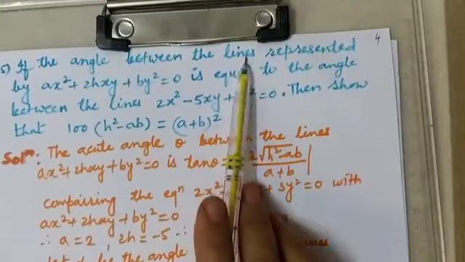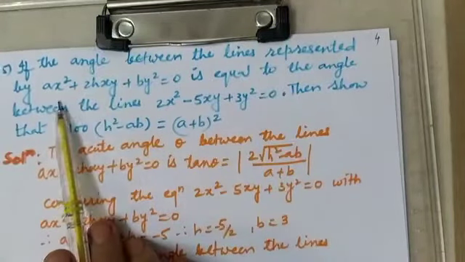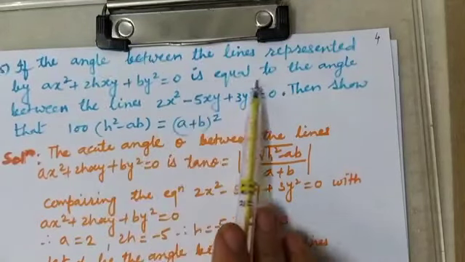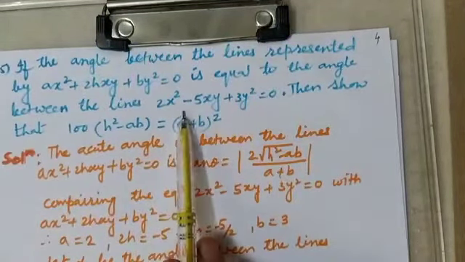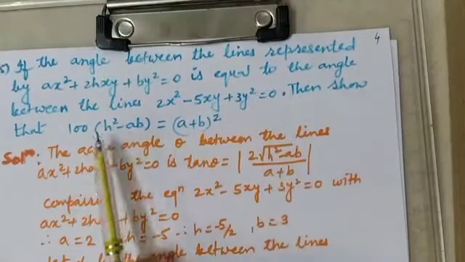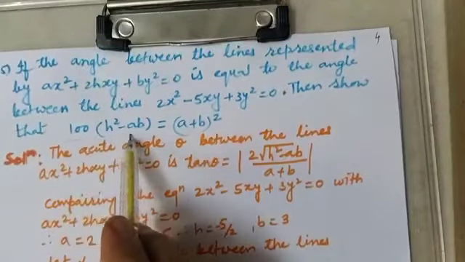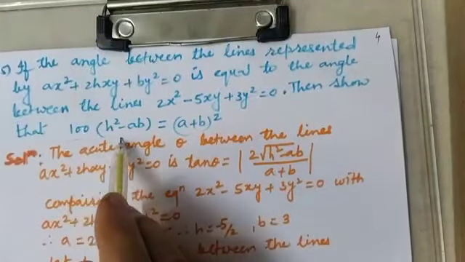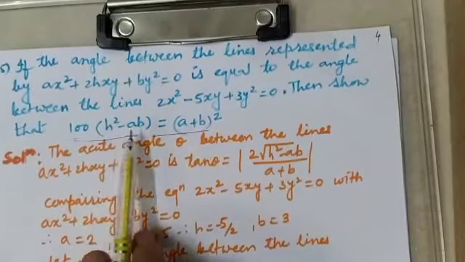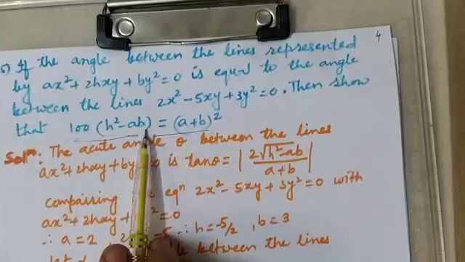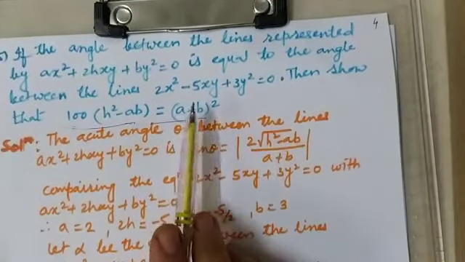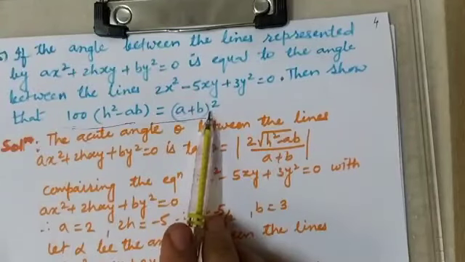If the angle between the lines represented by ax square plus twice of hxy plus by square is equal to 0 is equal to the angle between the lines 2x square minus 5xy plus 3y square is equal to 0, then show that 100 into h square minus ab is equal to a plus b whole square. This is the result we have to show now.